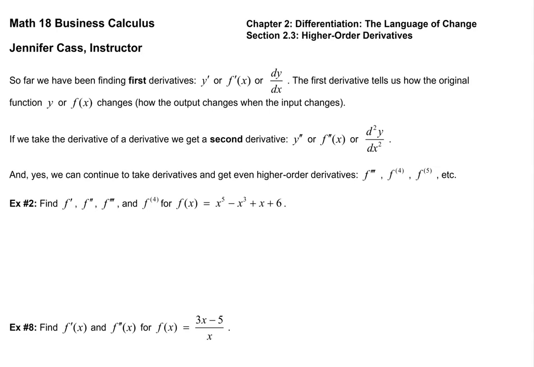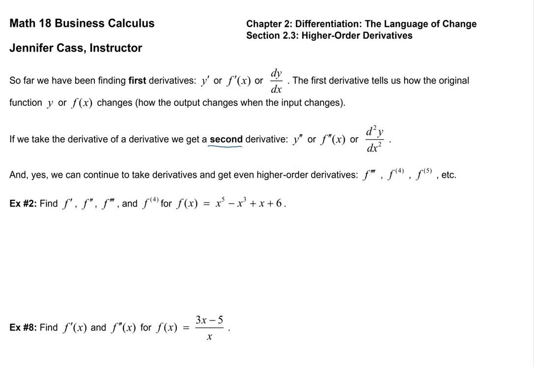The first derivative tells us how the original function y, or f of x, changes, how that output changes when the input changes. If we take the derivative of a derivative, we get a second derivative, y double prime, or f double prime of x, or this fancier notation, d squared y over dx squared.